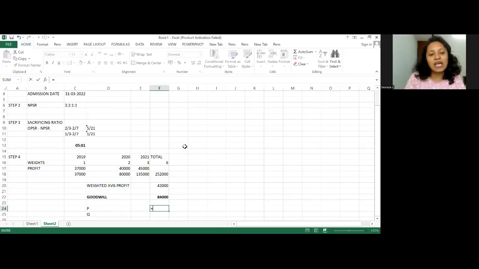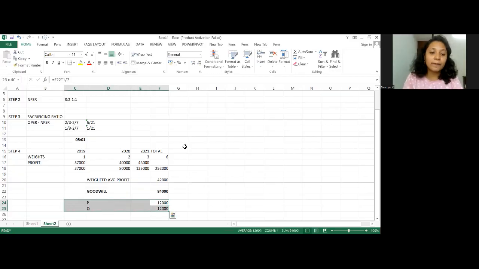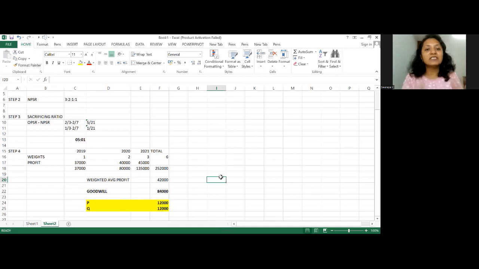What is the share of goodwill for P? 84,000 into 1 by 7. And what is the share of Q? 84,000 into 1 by 7. So this is the goodwill benefit they are going to get by joining this particular partnership firm.